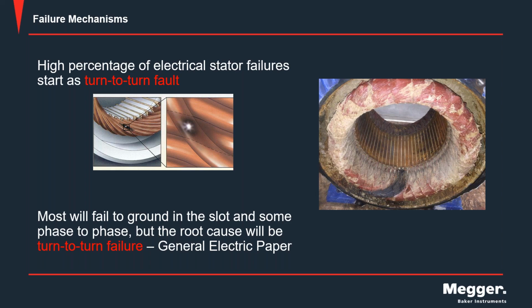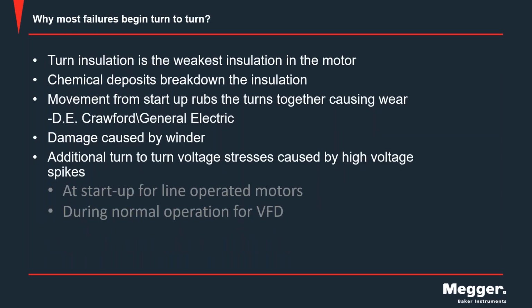So if we had a way of identifying turn to turn failures, then we're ahead of the game in finding or seeing where that motor is on its life curve. So turn to turn insulation is the weakest part of that insulation in the motor. So that's why most failures begin as turn to turn. It is the weakest link.